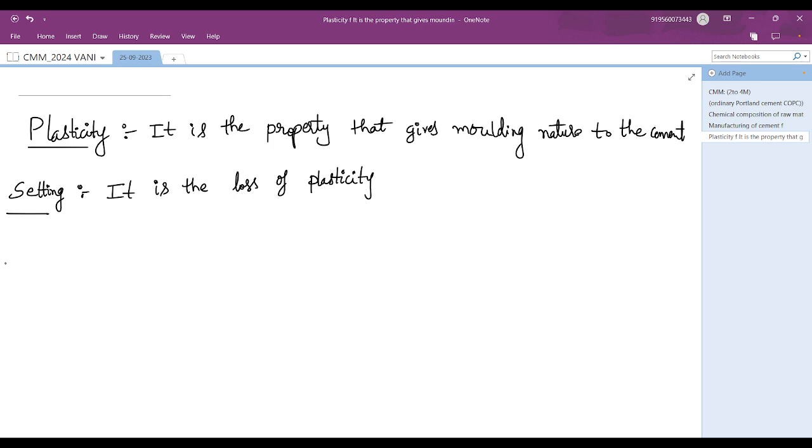Next, hardness. Generally students will confuse about hardness and setting. So don't confuse. Setting is about loss of plasticity. Then what is meant by hardness? It is about gaining the strength.